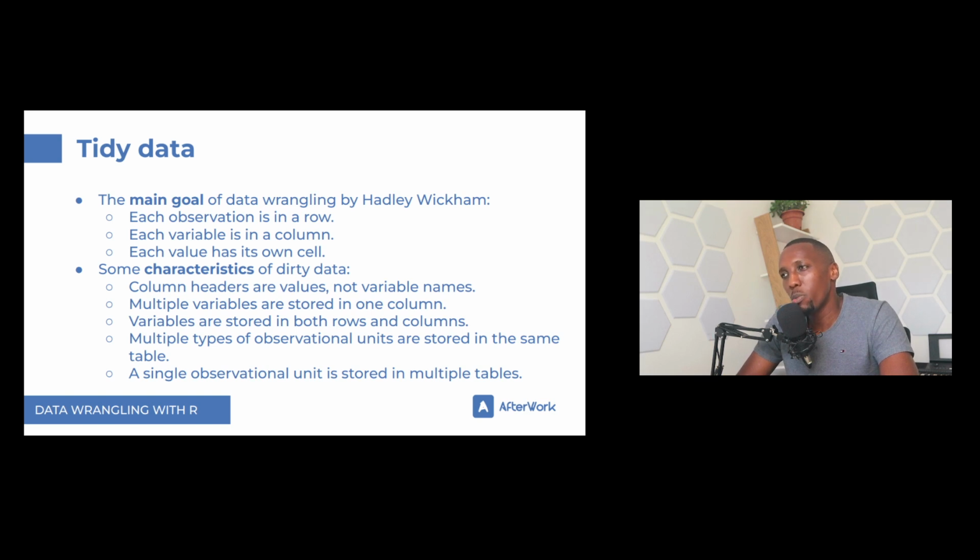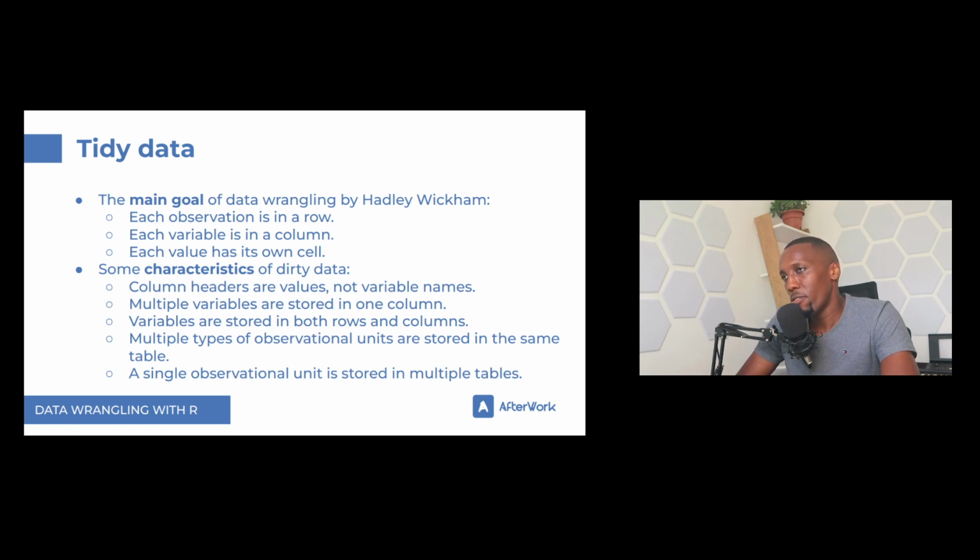Maybe if you have multiple variables stored in one column, maybe you have region, and region has city, and it also has country, you might want to split that in order to, let's say, perform some research afterwards. But of course, that again depends on the research question that you are working towards.